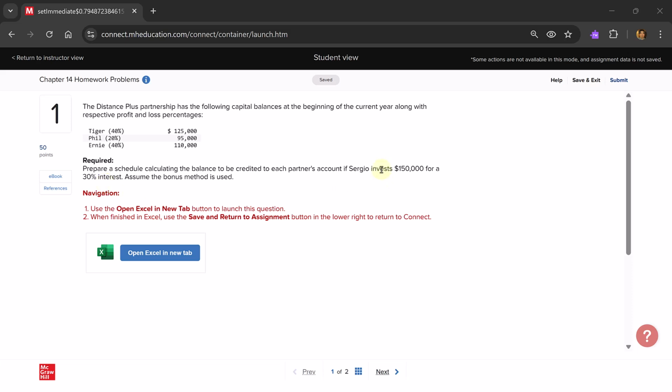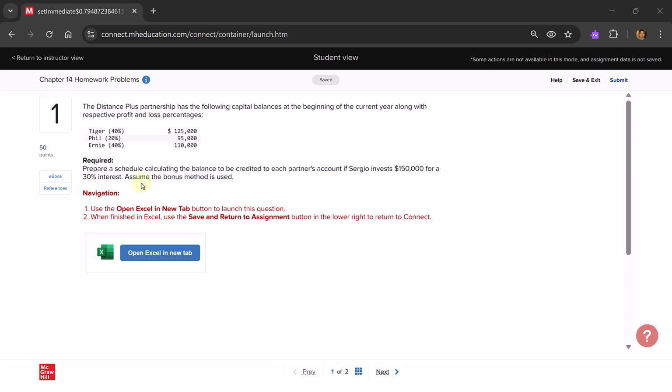When you see this word invest here, that means this $150,000 doesn't go directly to the three existing partners. That would be a purchase, if the money goes to the partners. But this money is going to go directly to the Distance Plus partnership, added to the other assets that are already there. And that total assets is now going to be a 30% interest going to Sergio, represented by his capital account.